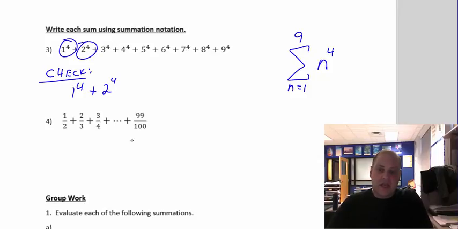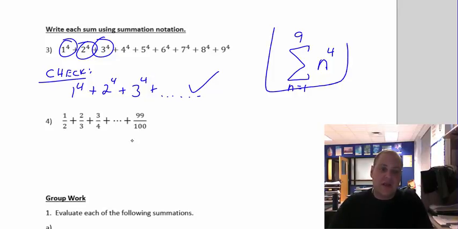Okay, now plug in the next number. What comes after 2? 3. 3 to the 4th. See? That matches. So on and so forth. That is creating that sigma. Now, I stop at 9 because 9 is the last number that I want to plug in. All right, so that does work. So it does check, and that is my answer right there.